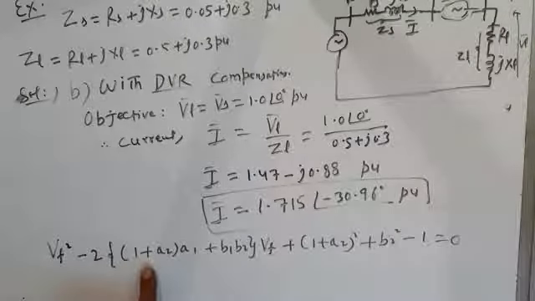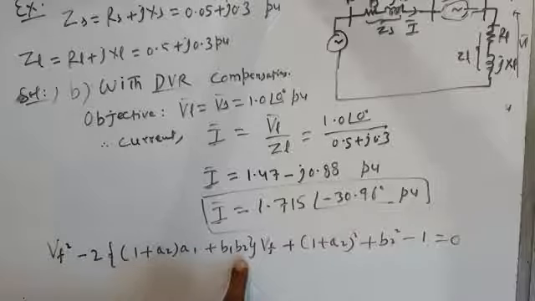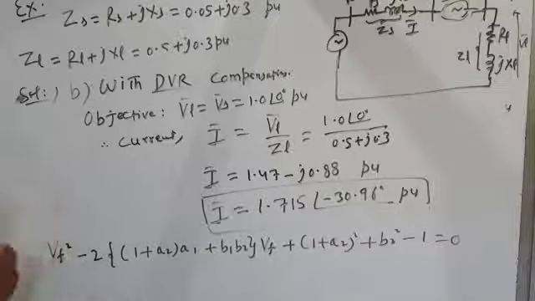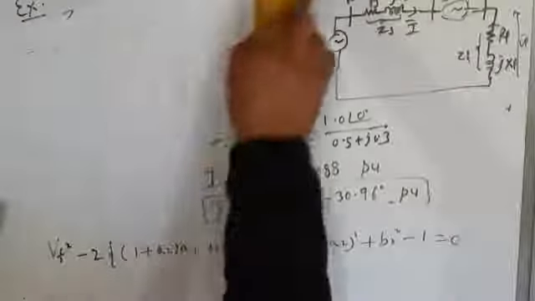So now you need the values of A1, A2, B1, B2. If you know those values, substitute. This is a quadratic equation. Solve the quadratic equation. You will get two values of injected voltage, and out of those two values, you have to select one value.